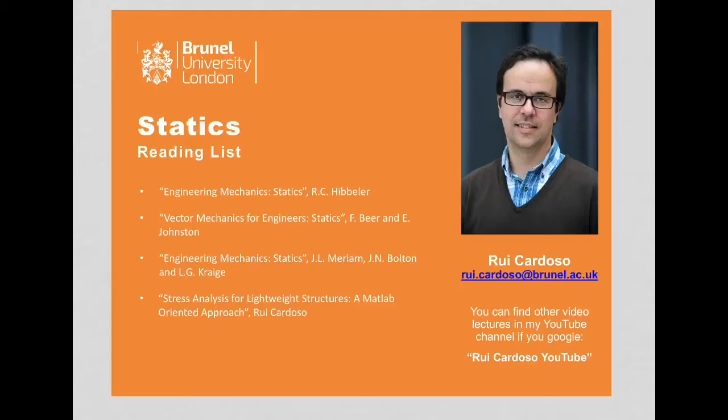Sometimes I refer to which book I've taken the example from, sometimes I don't, but these are the books that I follow. In case I forget to mention which book I took the example from, you have here the list of books, so you know where they came from.